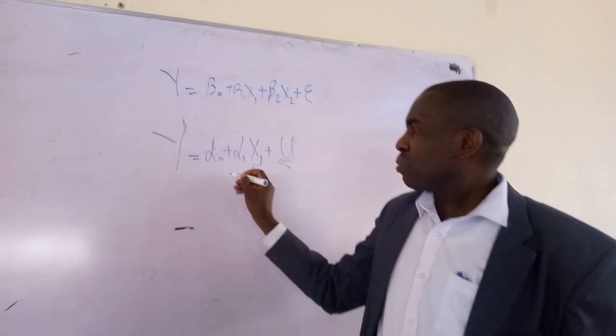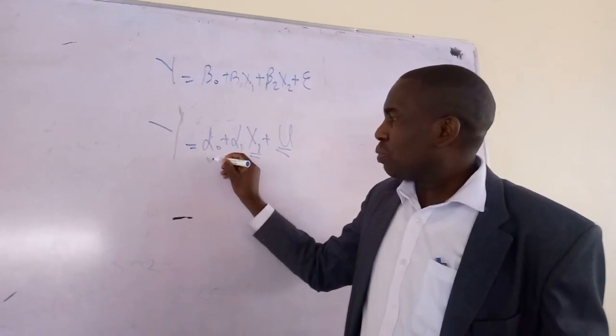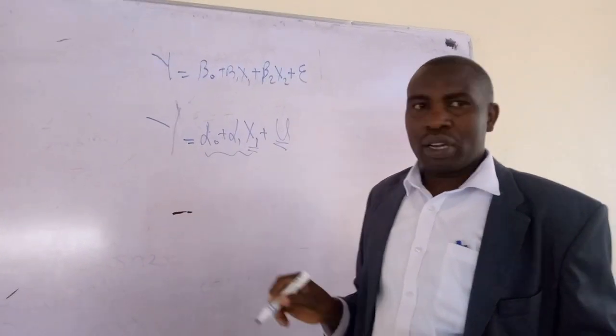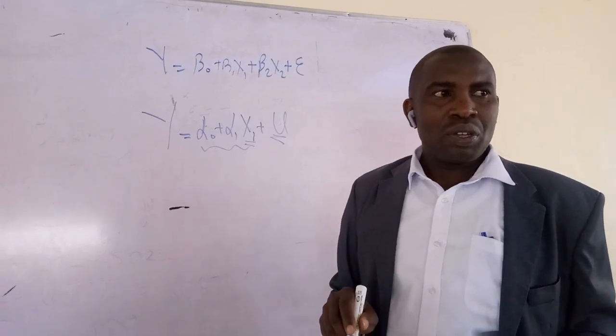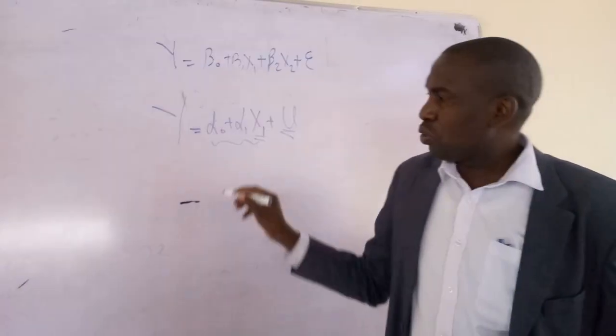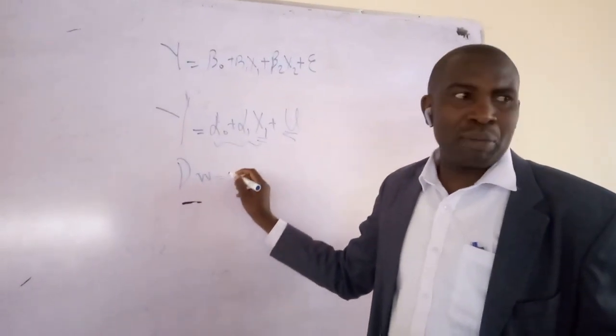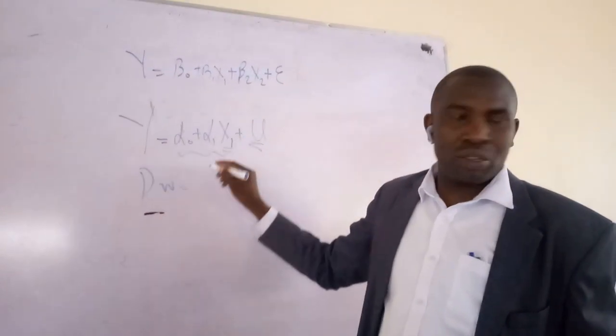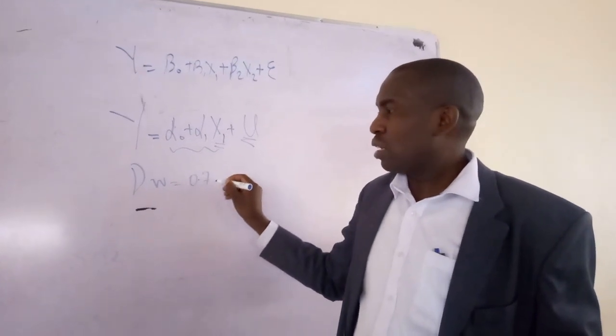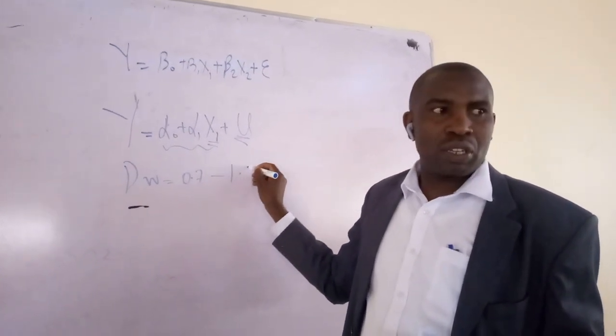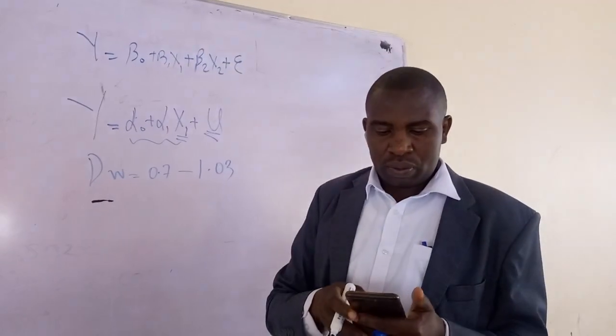So what you need to do, if you try to get a Durbin-Watson, you will get that the Durbin-Watson for this model will be between 0.7 and maybe 1.03.